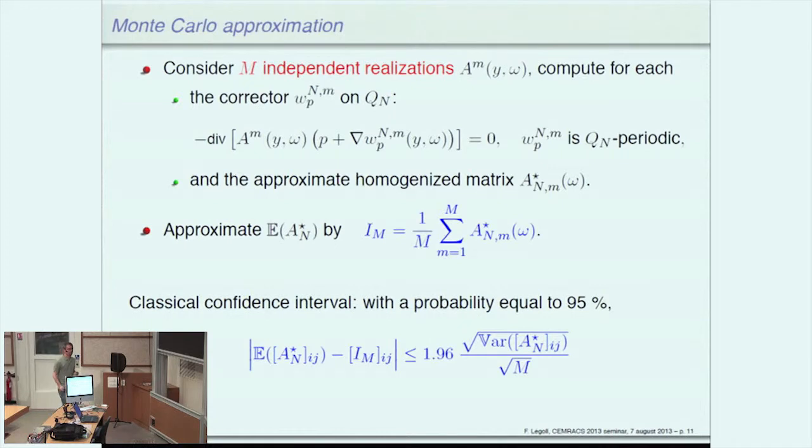And since I've got here IID values, because I started from fields that were IID, not only do I have the law of large numbers, but I also have the central limit theorem that tells me that what I'm looking for, which is the expectation, minus what I can compute, which is this empirical average over several Monte-Carlo realizations, the difference is bounded by something related to the variance. Okay, so I work with probability equal to 95%, and then I've got a confidence interval on this.